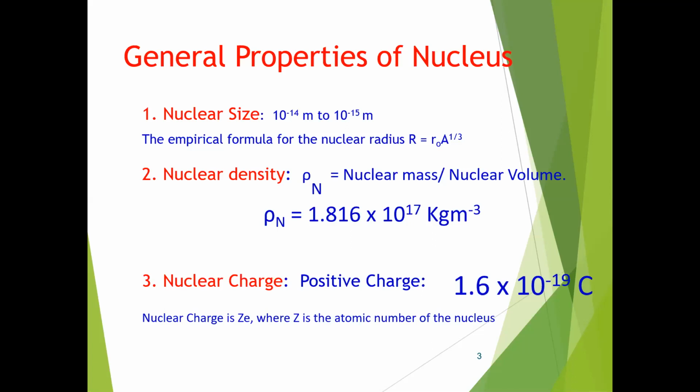If you calculate the mass, total mass number times the mass of the proton or neutron, we will get the density of the nucleus equal to 1.816 into 10 power 17 kg per meter cube. This is a very high density. All the nucleons are closely packed in the nucleus.